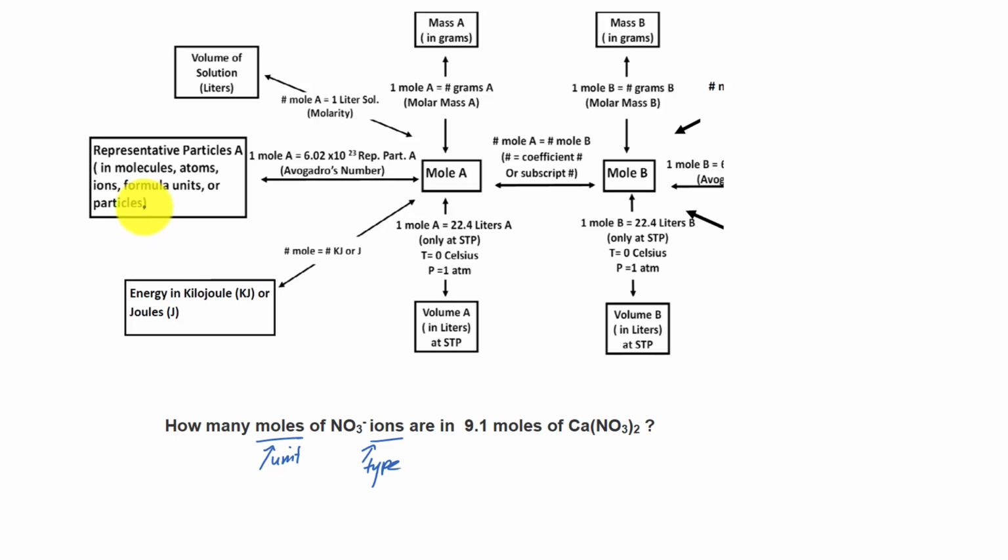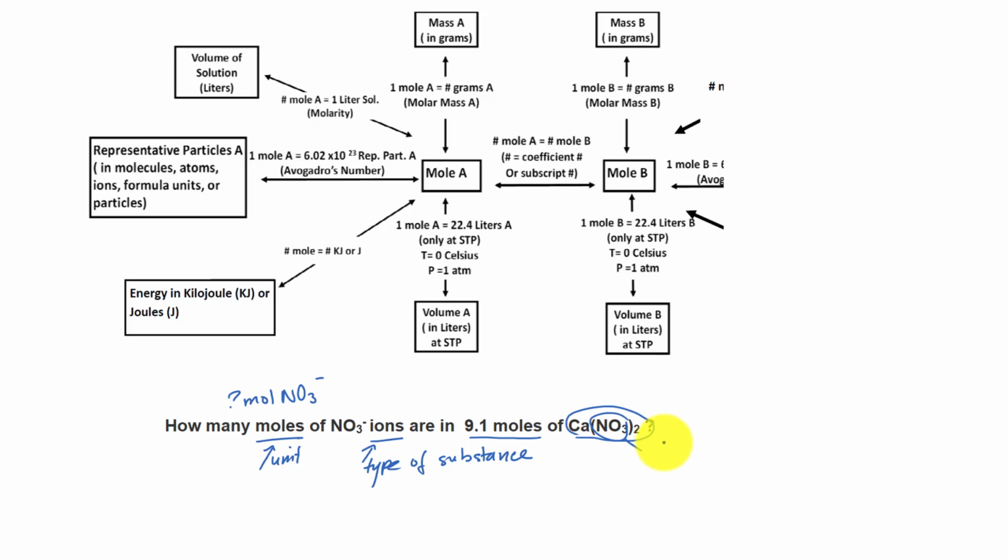So sometimes we look at ions and say, hey, that must be the unit. No, read it carefully. This is the type of substance that we are looking at. So be careful with that. So in this case, we are looking for question mark mole of NO3 minus. That's the ions right there. And how many moles of NO3 minus ions are in 9.1 moles of Ca(NO3)2?